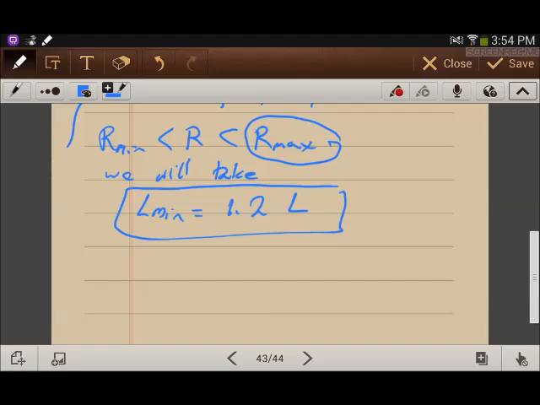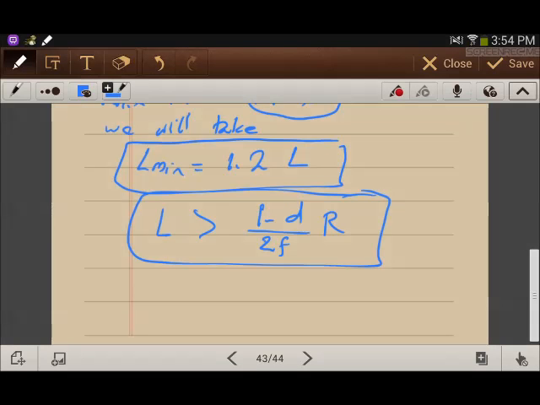So always we will get an inductor that is greater than (1 minus D) divided by 2F multiplied by R. So we know how to design the inductor of the converter that will make the current always continuous.